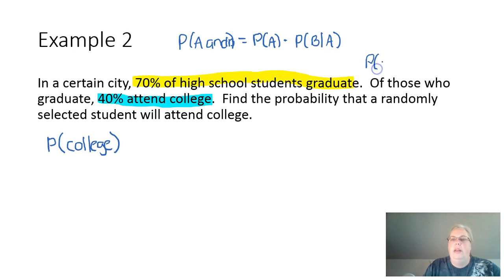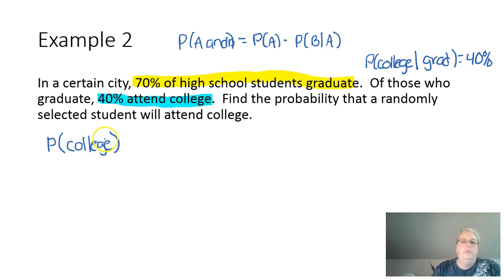So the probability of college, given that they did graduate from high school, is 40%. Okay. So if we want to know the probability of college, and I guess it's probability of college and high school, or high school and college graduates, so we can change this.